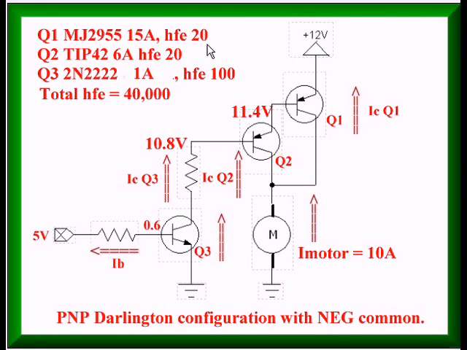So if we took the HFE of 20 times 20 times 100, it's 40,000. Now, I'm not going to magically invent infinite current here. The current is limited by the motor, but I want this switched on hard, and I want my 10 amps for my motor.